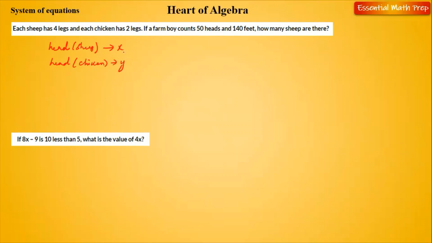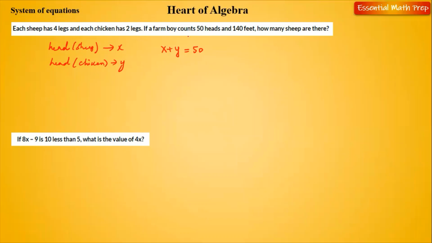What is critical is, don't confuse the head and the feet, because one thing is common, the other is different. Head is common for both animals, and the number of legs is different. So we can say that the literal count X plus Y is 50, because X heads plus Y heads equals 50 heads. I just didn't write the head for mathematical reasons.